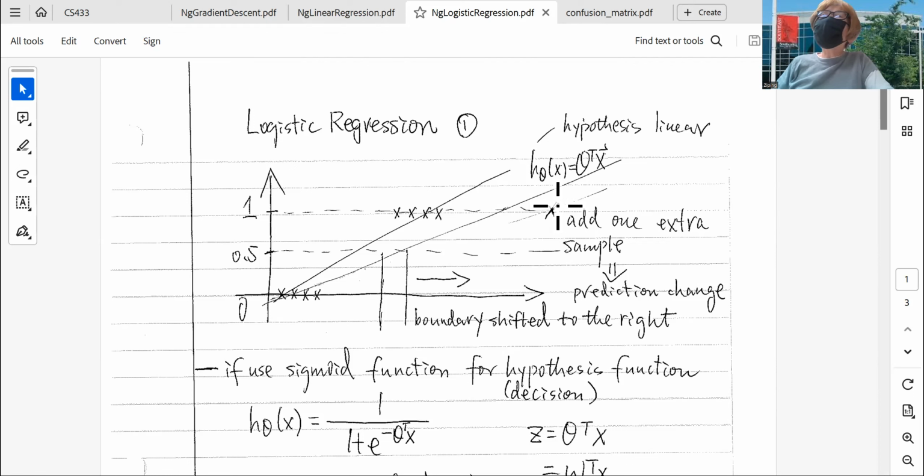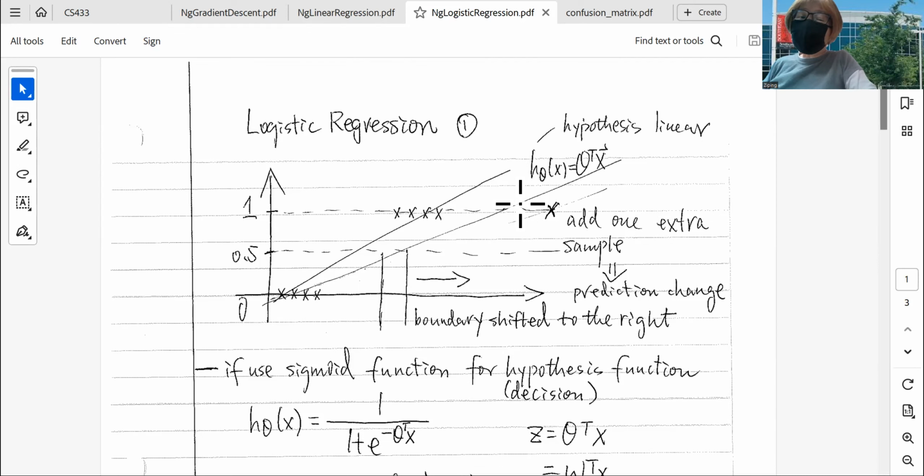Okay, but let's think about this special scenario. Suppose you add one extra sample here. If we add one extra sample here, then you can see that the separating line is going to be shifted a lot. Assuming this one extra sample is far off from the other samples, it will shift the line a lot.